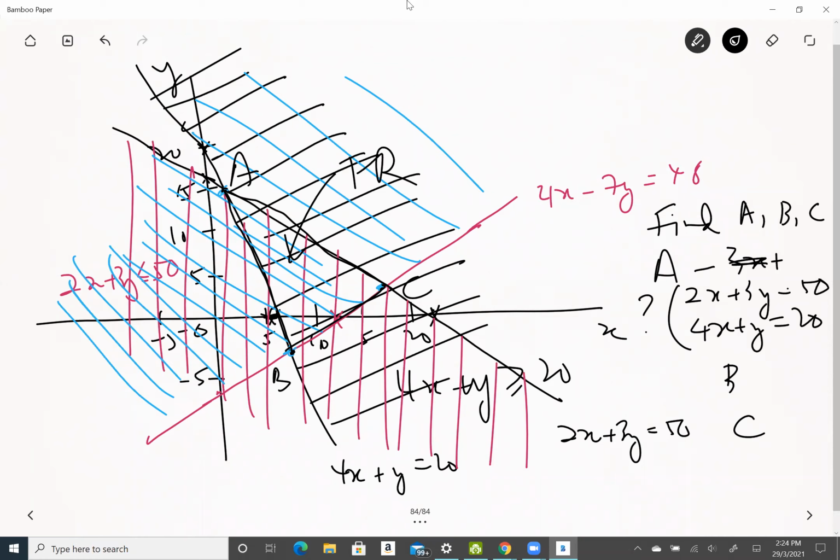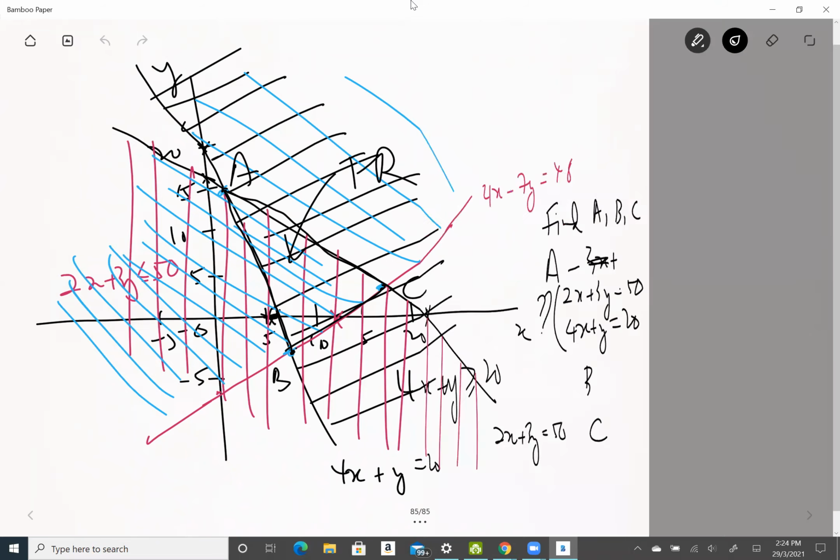What is A? 1, 16. Okay, you have to work it out by solving the system of equations. Now you got the point A equal to (1, 16), and so on.